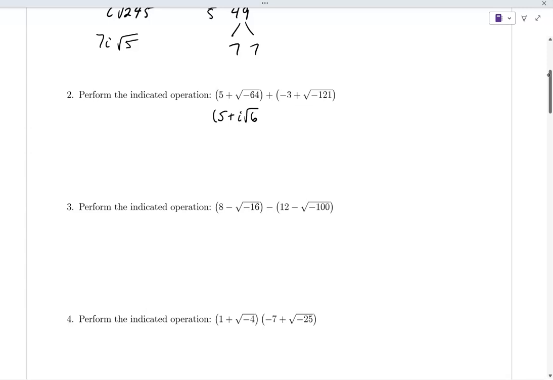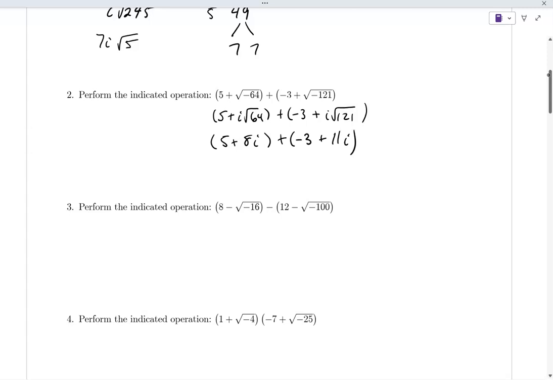Okay, the i square root of 64. And then the same thing for the square root of the 121. And what is square root of 64? That one's 8, good. And square root of 121 is 11.